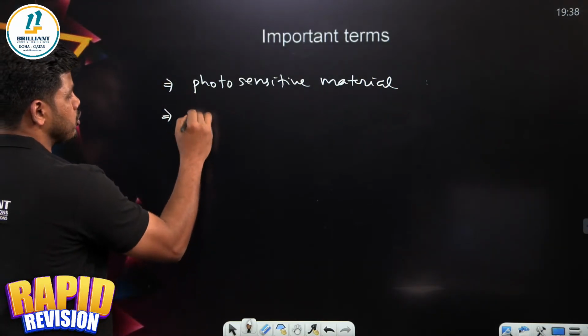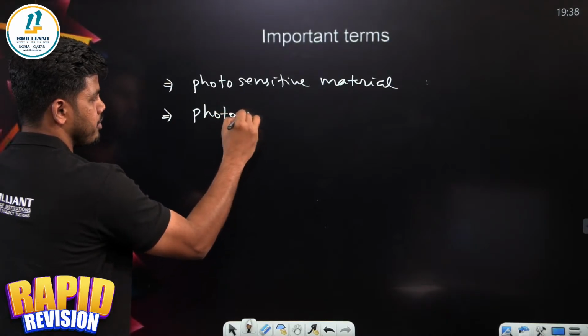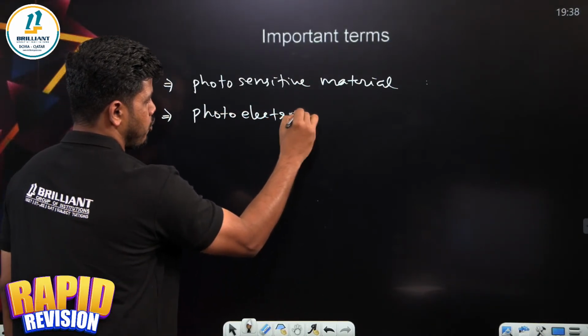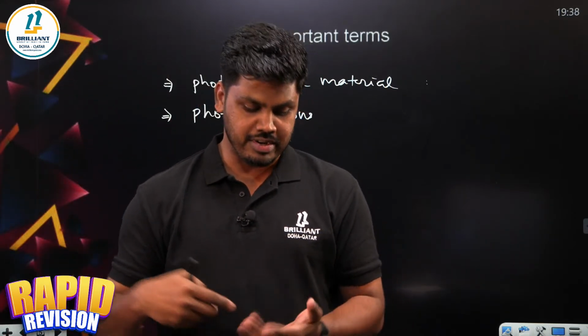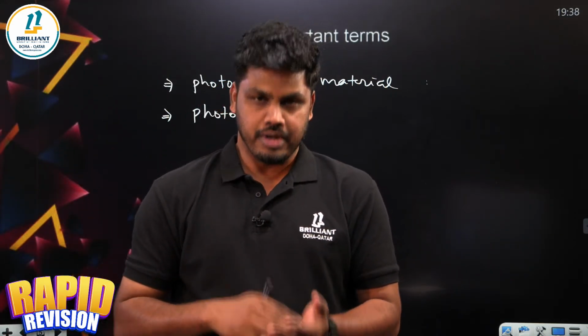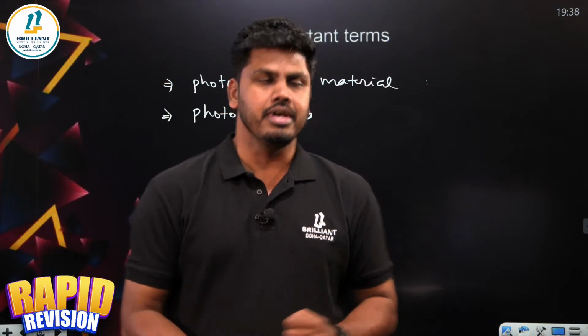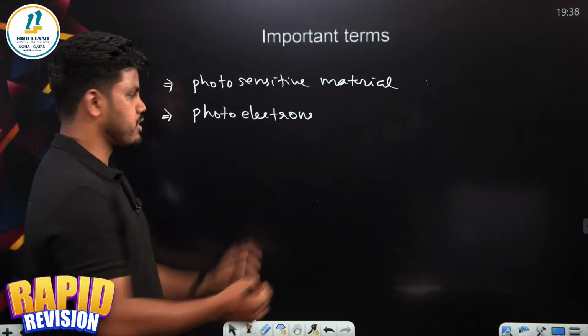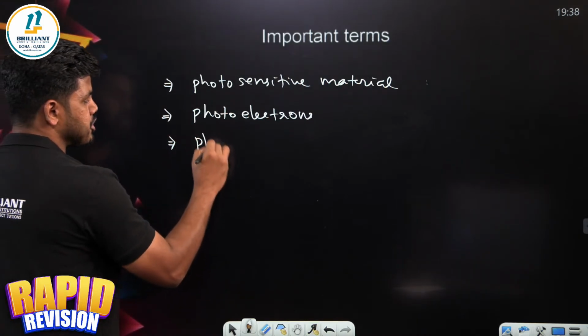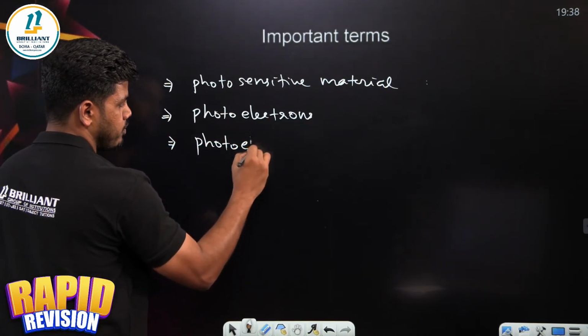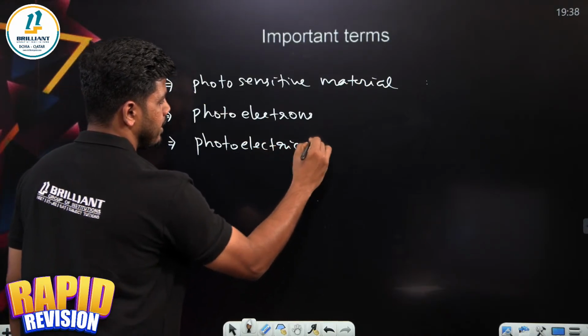Okay, then photoelectrons, another term we use in our discussion. Photoelectrons are electrons emitted from the metal surface when radiation is incident on it, right? Due to photoelectric emission, electrons emitted from the metal surface are called photoelectrons. These photoelectrons constitute a current in the circuit which is called photoelectric current.